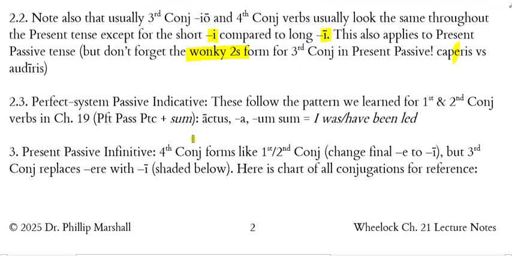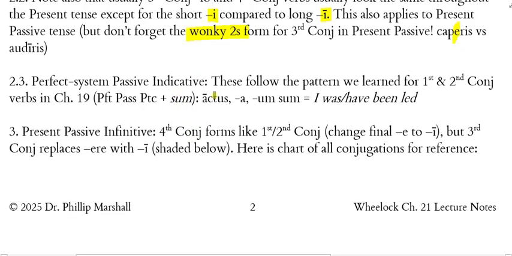Okay, now for the perfect systems passive indicative, these thankfully follow the pattern that we've already learned for first and second conjugation verbs in chapter 19. We take the perfect passive participle and then we add a form of sum, either the present, the imperfect, or the future of it to get the perfect passive, pluperfect passive, or future perfect passive.